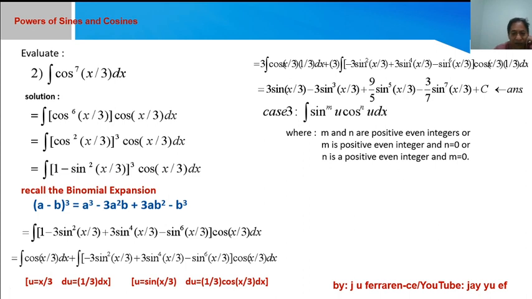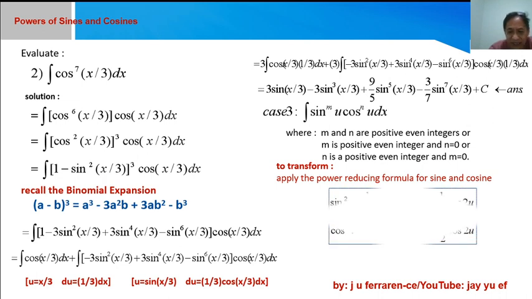Now what are we going to do if there is a positive even power on sine and cosine? There is a power reducing formula for sine and cosine because in the list of integration formulas, there is no other function that contains powers, except for the secant and the cosecant.